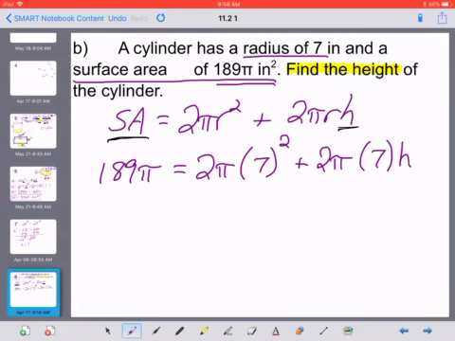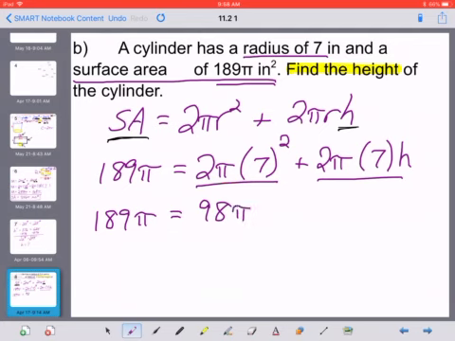Okay, before we go any further, we've got a little bit of simplification to do here and a little bit to do right here. So 189 pi is going to equal, all right, the 7 squared is 49. 49 times 2 is going to give us a 98 pi, plus the 2 times the 7 is a 14 pi, and the h is still just tagging along here. All right, from there, everybody, we now have 3 terms in this equation, 1 on the left and 2 on the right.